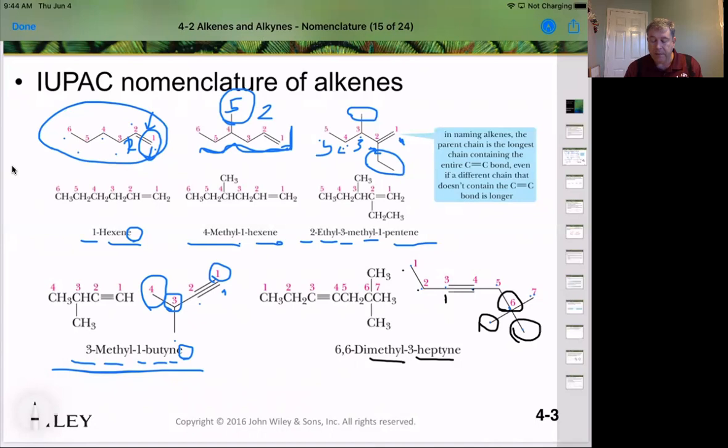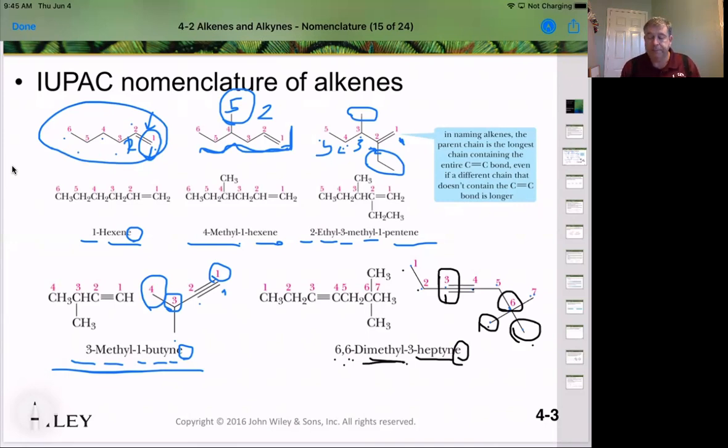So now we have 2 methyl groups on the 6, so it's 6,6-dimethyl-3-heptyne, because our first alkyne carbon is on that 3-carbon, and again the E at the end because it's only a hydrocarbon. Okay, so we're just adding to those first few rules of nomenclature, but the key in naming alkenes and alkynes is that the double or triple bond must be in the parent chain, and the first carbon in that double bond or triple bond must be the lowest number possible, and then all the other rules apply after that.